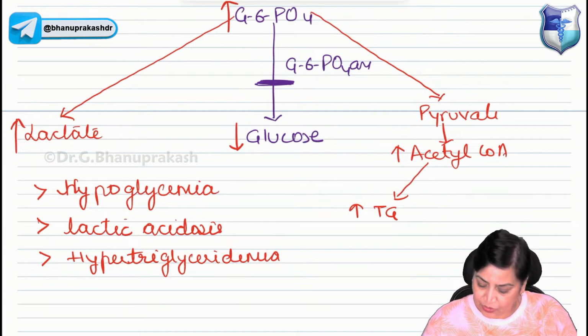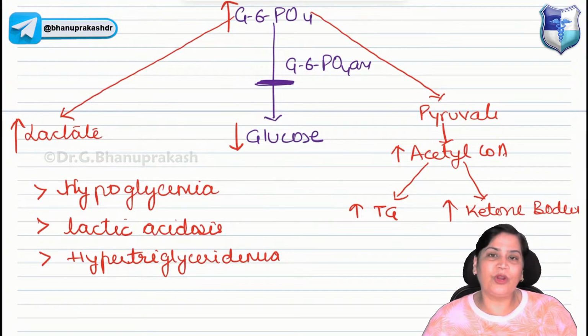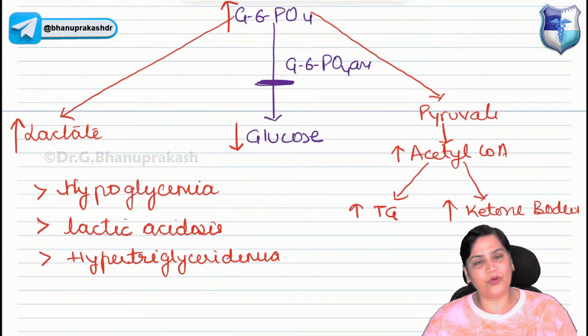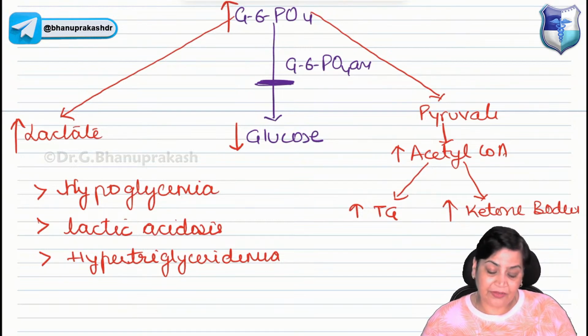Similarly, this acetyl coenzyme A will be diverted to form ketone bodies. Right now I'll just tell you, later on we will discuss them in detail. Ketone bodies are produced in the body. In a normal individual also they are produced, but particularly when the body undergoes starvation.